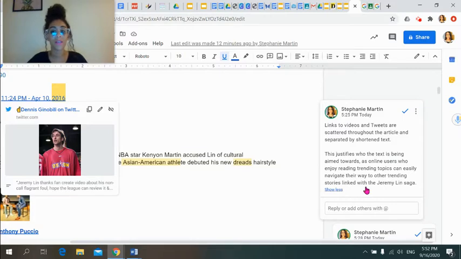It generally justifies, guys, who the text is being aimed towards, because online users who enjoy reading trending or entertaining topics can easily navigate their way through the tabloid, and just click on links if they want more context about another story that links to Jeremy Lin, and anything else that's trending that can be associated with any of these topics. So the structure is very particular in terms of this online tabloid, and it's making it quite accessible for readers, and I guess persuading them to go further into the story and delve further into the context of Jeremy Lin and of the NBA.